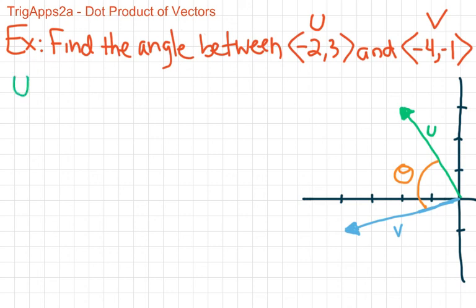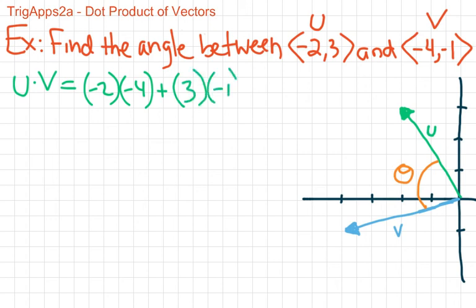I'm going to do u dot v, which is equal to negative 2 times negative 4, plus 3 times negative 1. So quick calculation, 8 minus 3 is 5. That's the dot product.